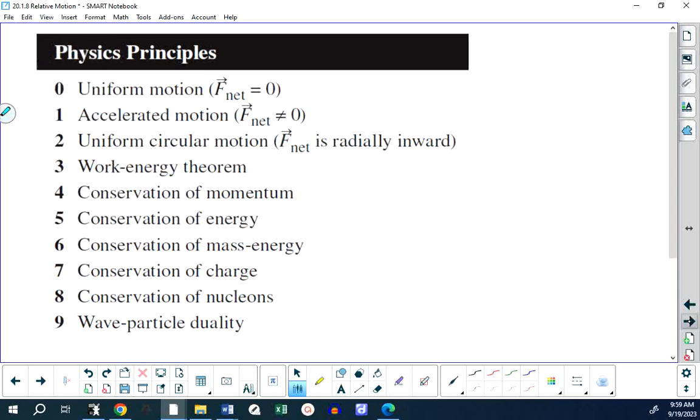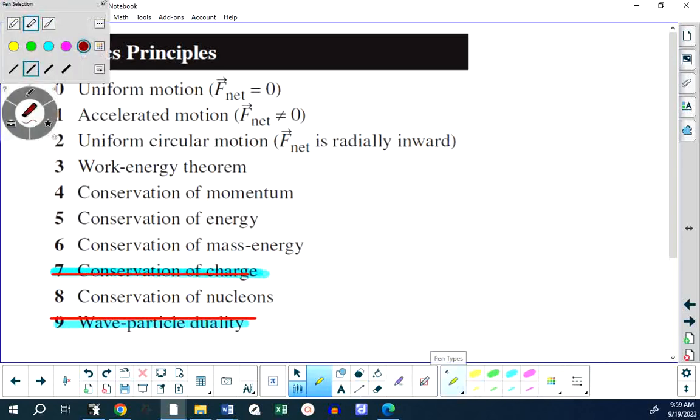That's Physics 30. What about wave-particle duality? That sounds like a good thing. Obviously, we didn't use the concept of wave-particle duality. What we used, not these ones I'm highlighting, none of these, what we used is this. We used the concept of uniform motion.